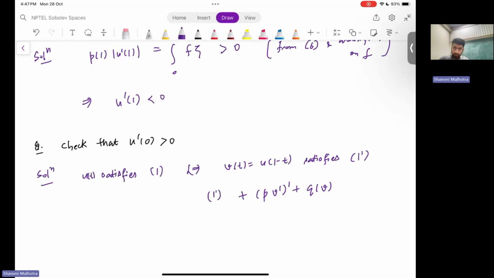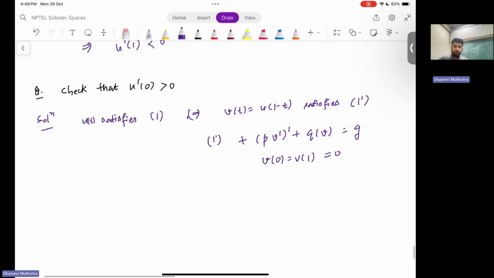There will be positive here, and then some g, and then we have v0 and v1 again to be 0. And then we do the same analysis which we did for u, instead for v.